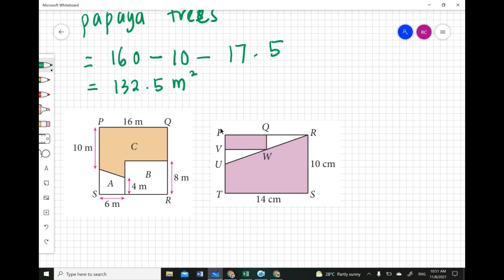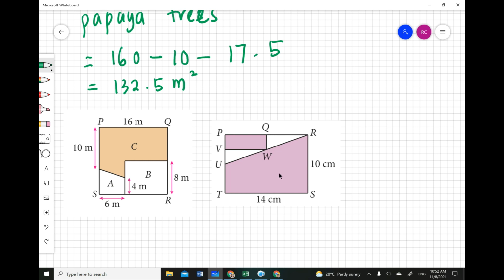It will be area of PRST, after that minus the area of the unshaded region. The unshaded region is VWU, a triangle, and also QRW. Then we can get the area of the shaded region already.